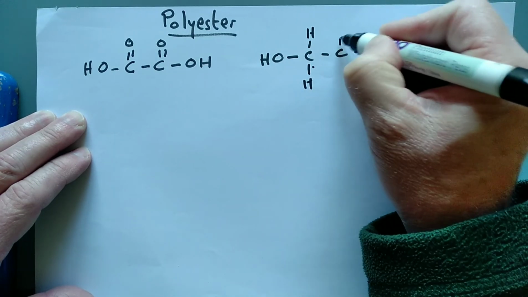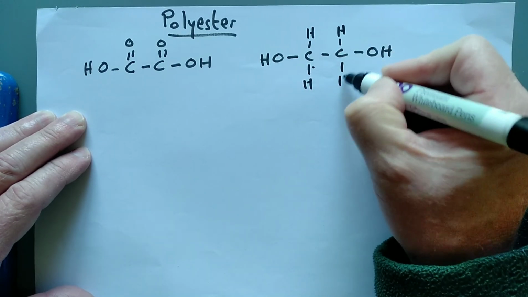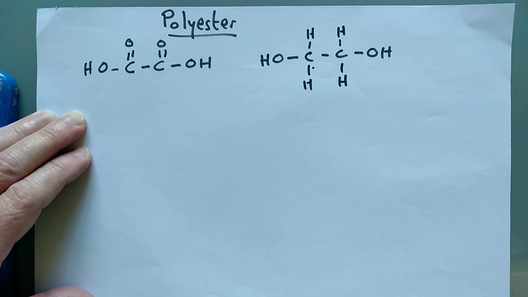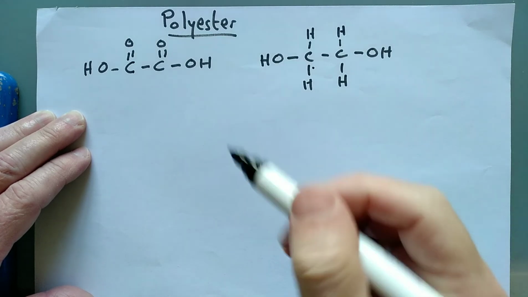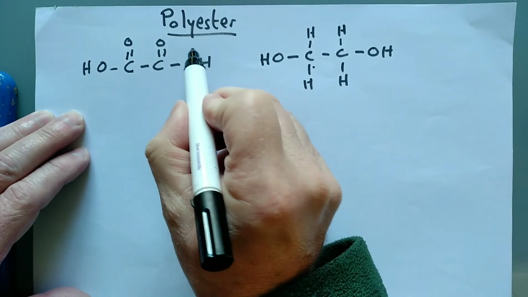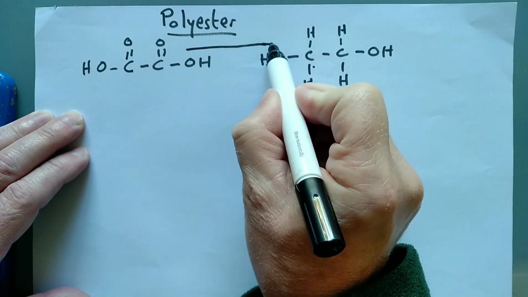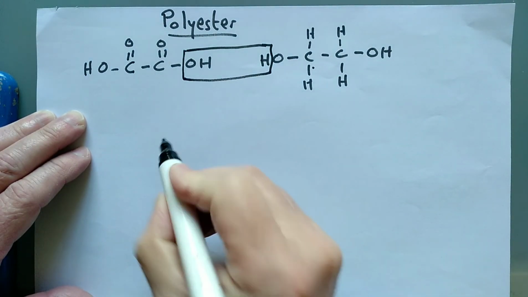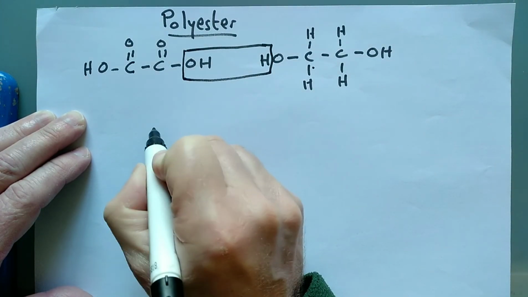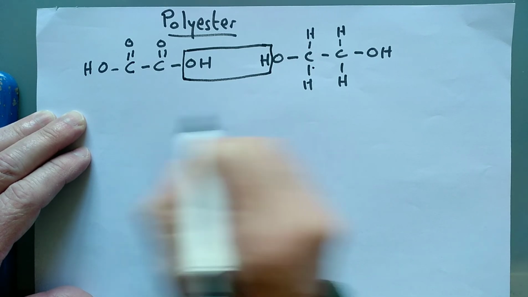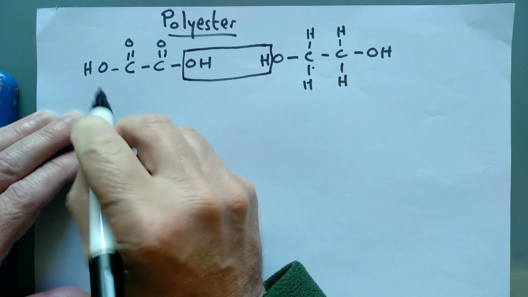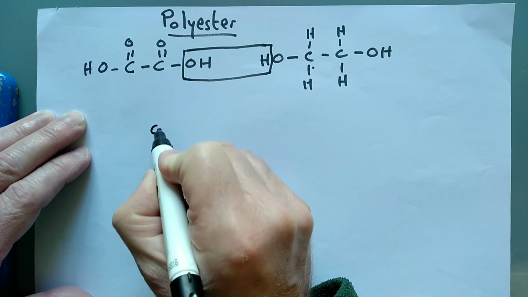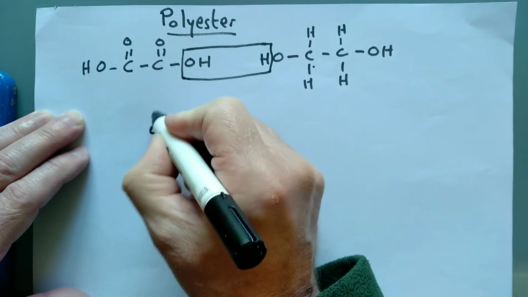This, of course, would be ethane-1,2-diol. So again, we will have exactly the same idea, only this time we will remove that water, so we will end up with, I'll just draw 1 repeating unit, sorry. So we'll start off with this oxygen here. Sorry, no, apologies. That carbon there.